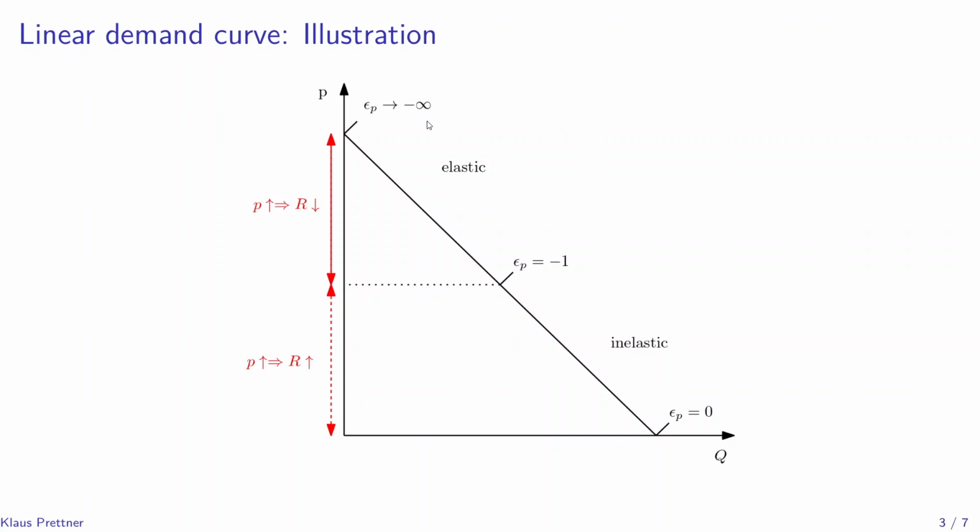So in this area demand would be elastic, and here down in this area demand would be inelastic because here the quantity is comparatively high and the price is comparatively low.